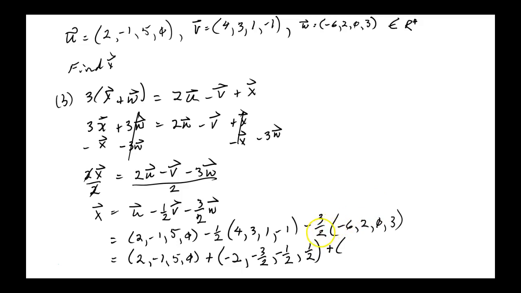Okay, wait. 2 will go into 6 3 times. Minus 3 times minus 3 is +9. Right? Okay. And 2 will go into 2 once, so this is just going to be a -3. And that's just going to be a 0. I'm not going to put a plus or a minus sign with that one.